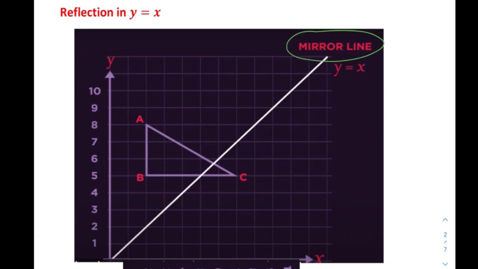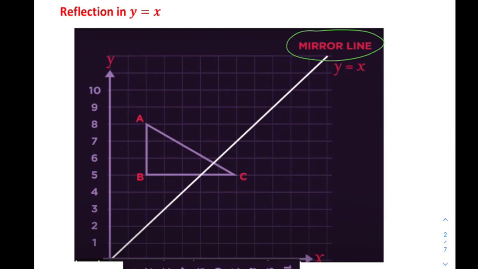Y equals x, by the way, for your information, is the line passing through (1, 1), (2, 2), (3, 3), (4, 4). This is how we graph it. Now, if you don't know the rule, what will you do? You will use the rules of reflection. You will take the first point, A, let's say. This is the pre-image.